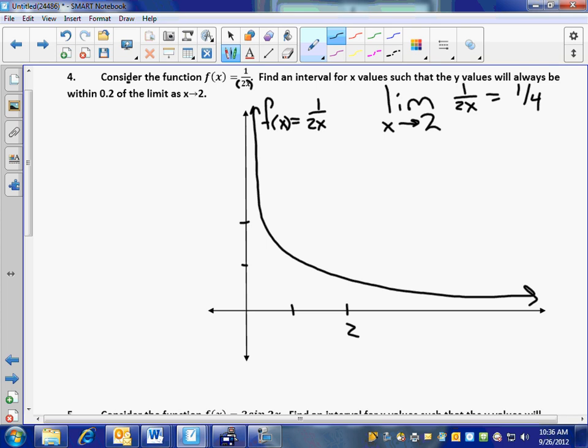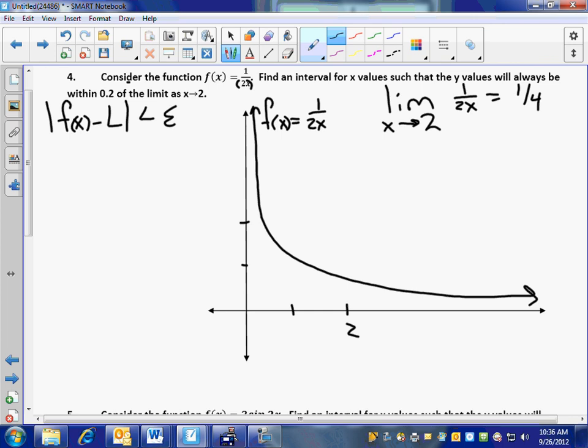Now, let's draw this, okay? Here's our definition piece. It says the absolute value of f of x minus the limit has to be less than epsilon. That's what it's saying. So I'm going to use my definition. You have to know that.